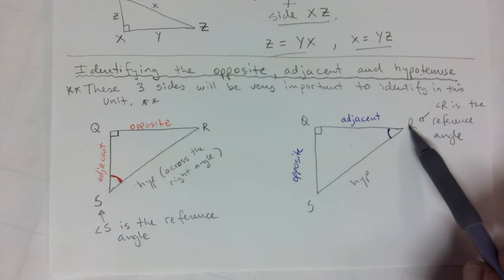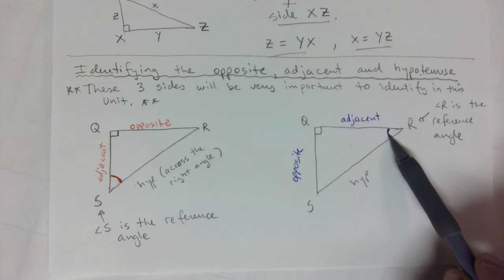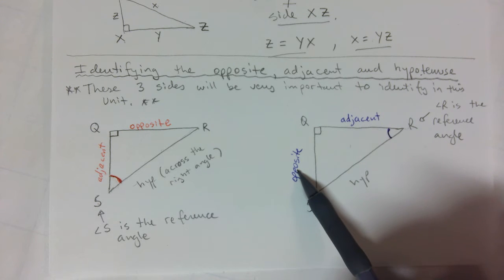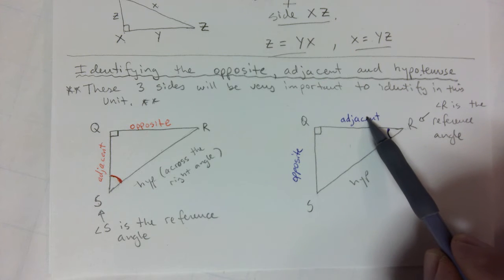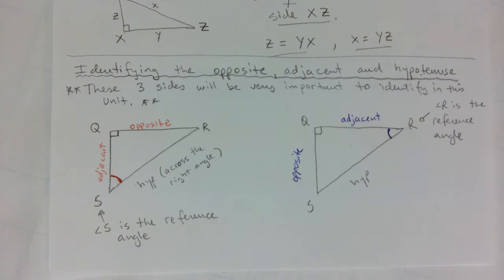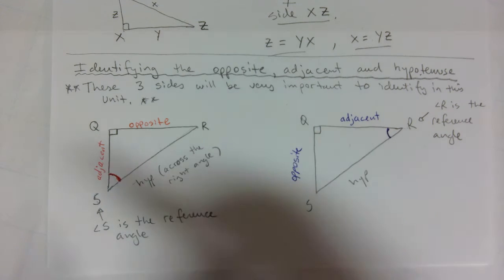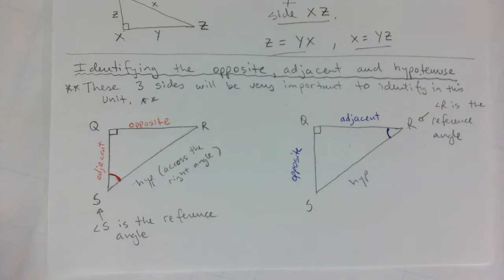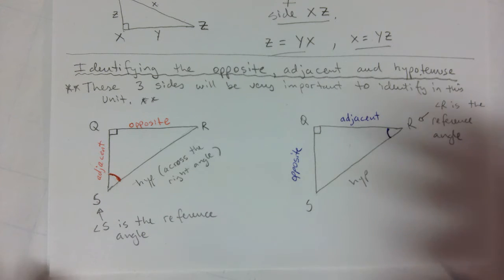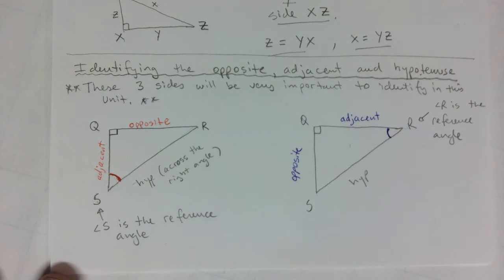But if you're looking out from angle R, this is your opposite side, and this is the adjacent side. So you're like, didn't we call these two legs earlier? Yes, they're still legs, but we now have a specific name for the adjacent and a specific name for the opposite. So they change based on your reference angle, right?